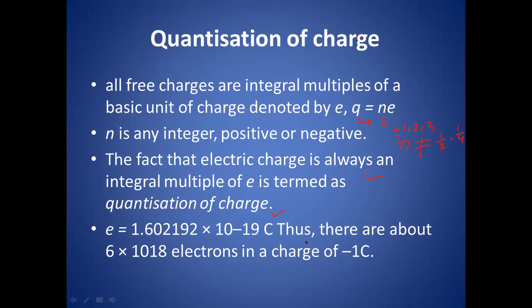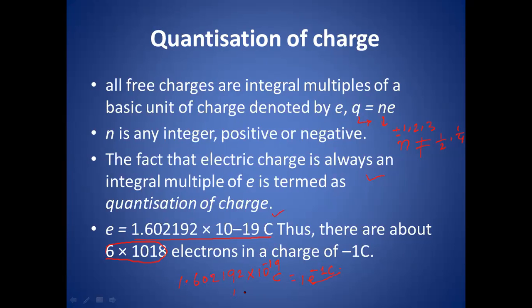Suppose we want to get minus 1 coulomb of charge. How many electrons do we need? One electron has this much charge, and there are about 6 times 10 to the power 18 electrons in a charge of 1 coulomb. To find how many electrons are needed: 1.602192 times 10 to the power minus 19 coulomb equals 1 electron.